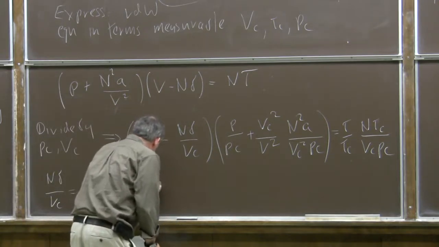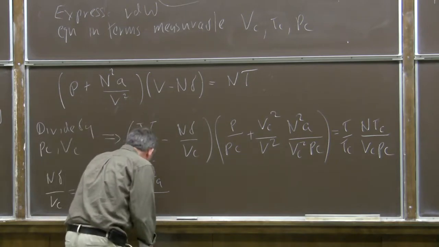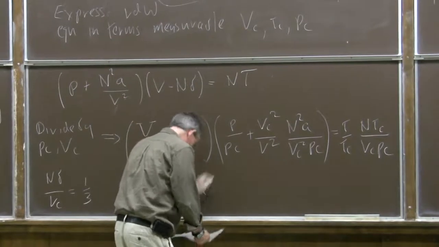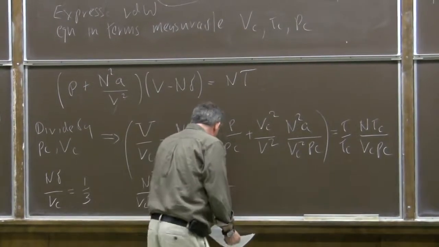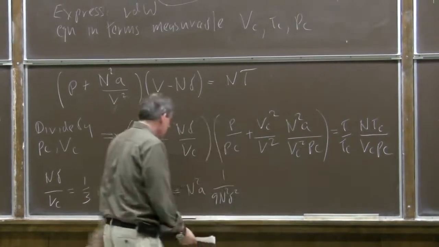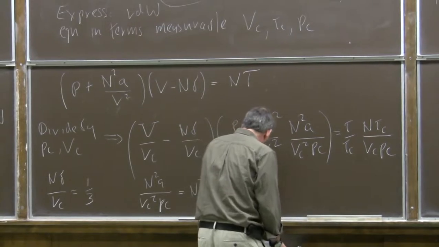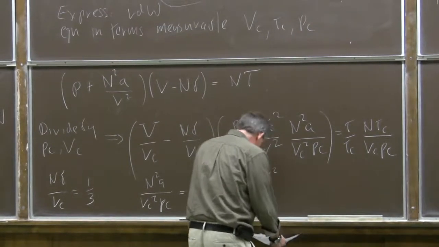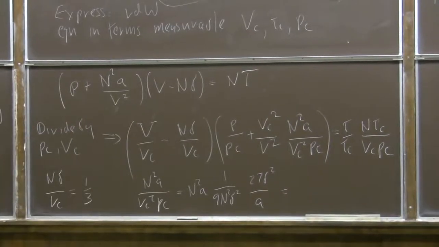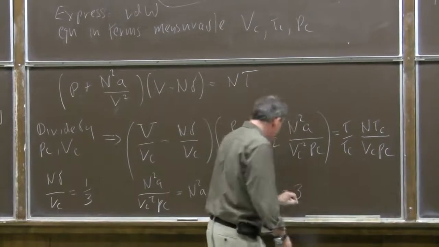N squared A over VC squared PC is equal to N squared A. And then 1 over VC squared is 1 over 9 N squared B squared. VC is 3NB. And 1 over PC is 27B squared over A. So the N's, the A's, and the B's divide out. And I just have 27 over 9, 3.